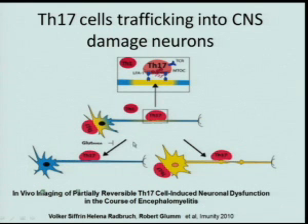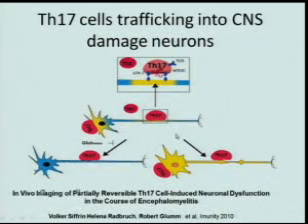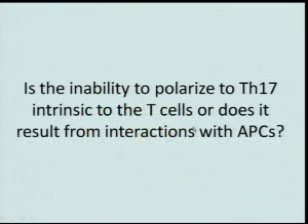So we wanted to set forth this as a hypothesis that the lack of trafficking of the KLF4 deficient T cells into the brain helped to protect the CNS tissue from the damage done by the normal induction of EAE.